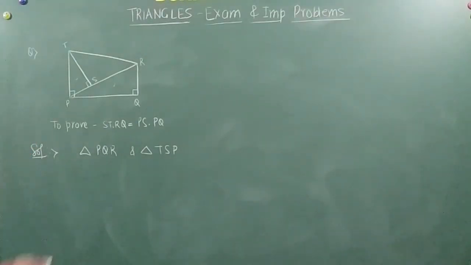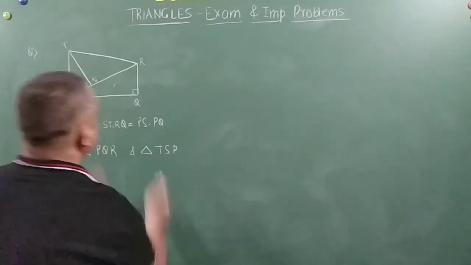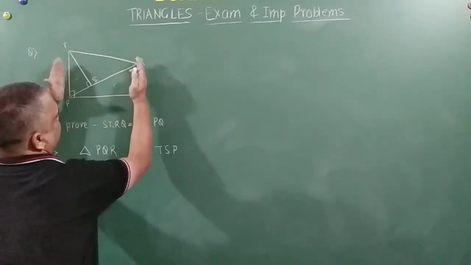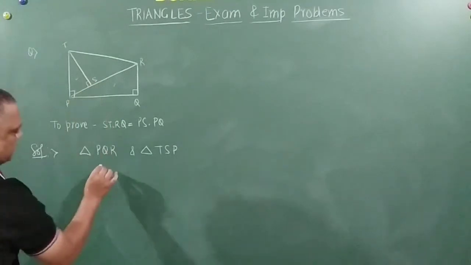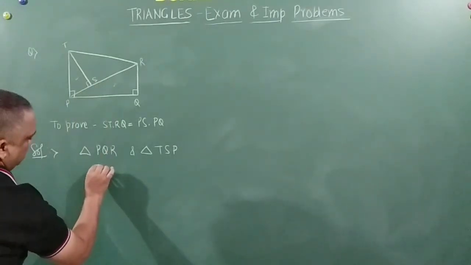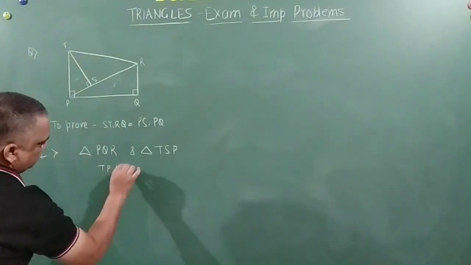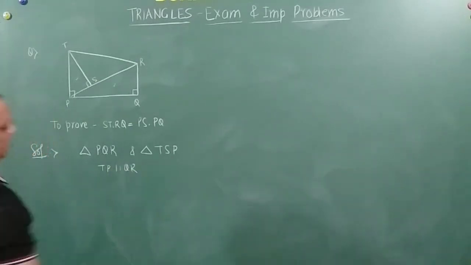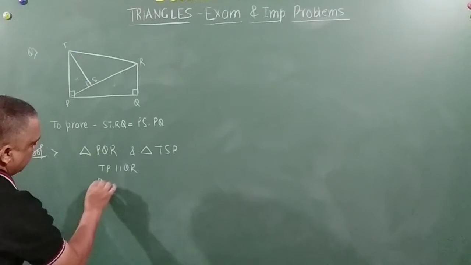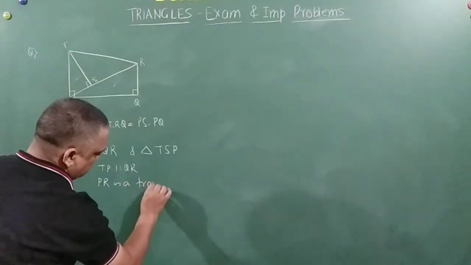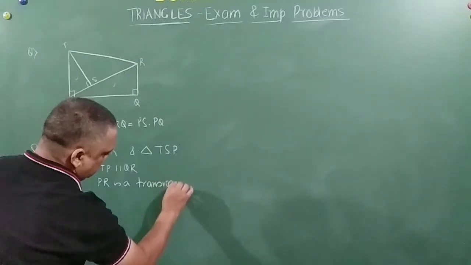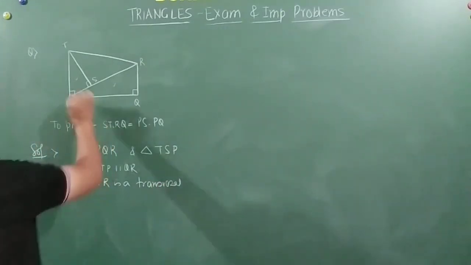And one more concept here, friends. See, this line is parallel to this line, it is given to us. That means TP is parallel to QR. It is given to us, and PR is a transversal.